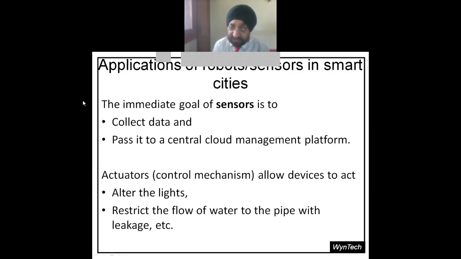So actuators are also sensors, but they are instruments which take decisions also, which control the mechanism.